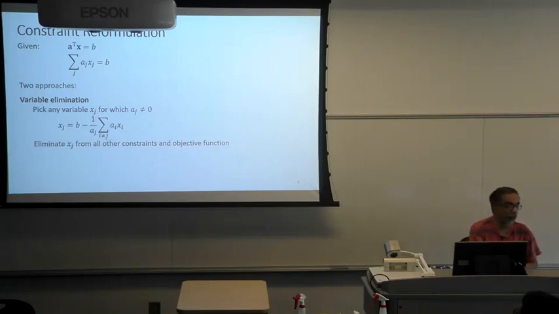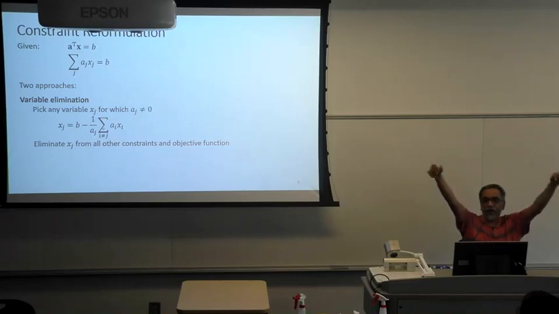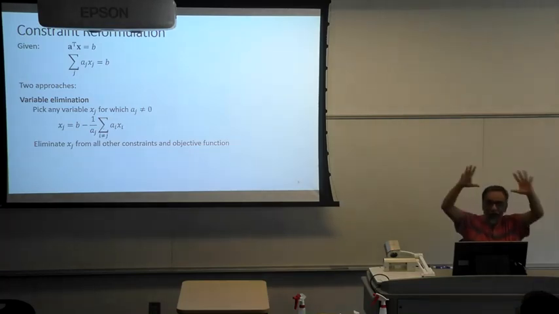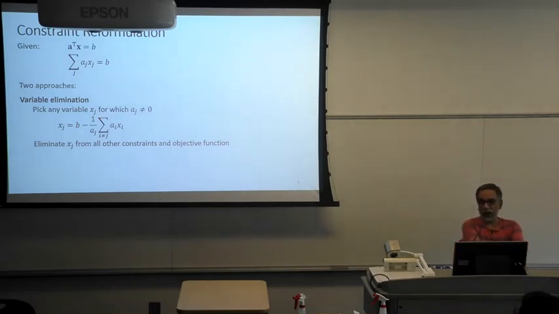The summation excludes xj because I'm trying to express xj in terms of the other x's. Okay, and then I get an expression for xj, and so I use this expression and I can replace xj in the objective function and in the other constraints as well. Okay, so this way I'm eliminating xj altogether from the optimization process.